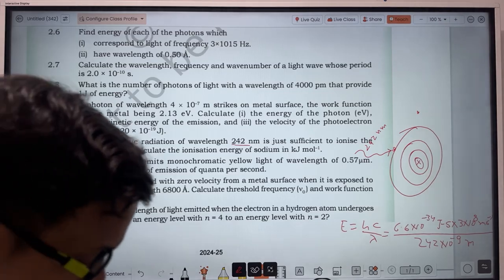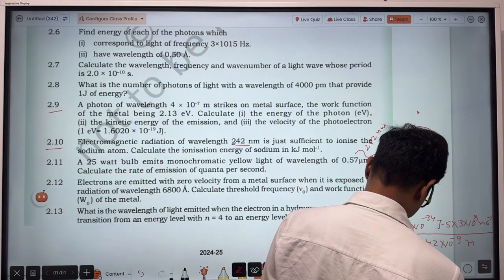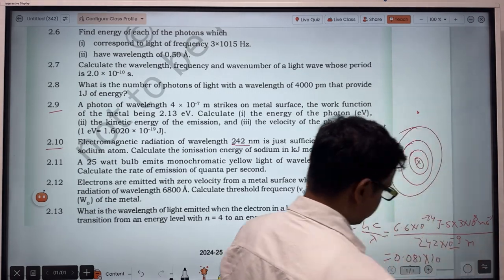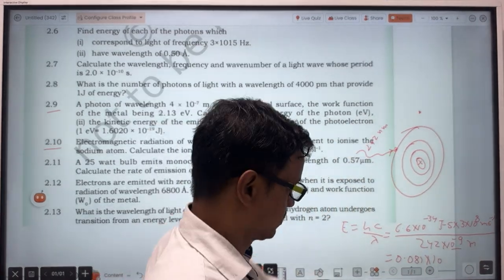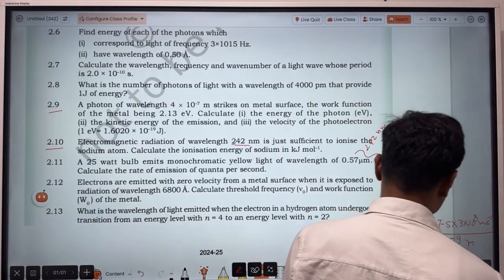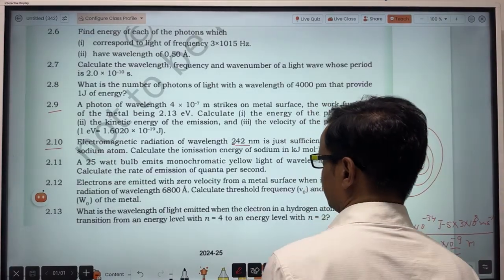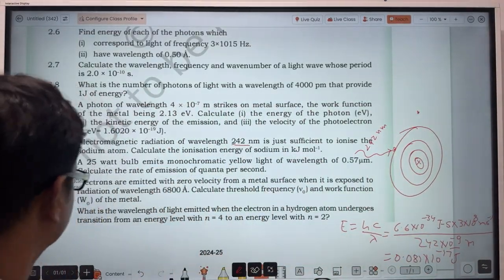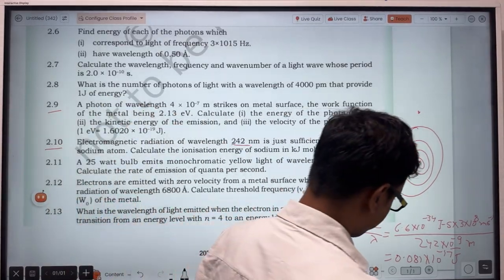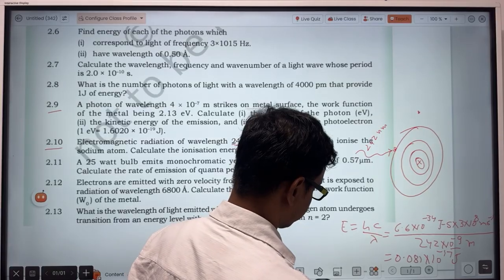So 0.081 into 10 to the power, 9 and 8, 17, 10 to the power minus 17, that much joule.